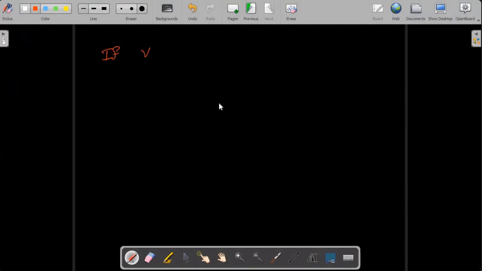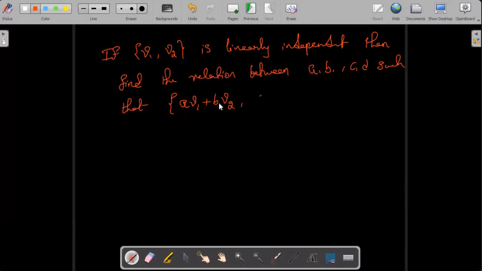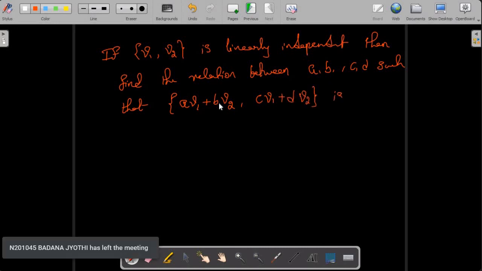Or a theorem: if V1, V2 is linearly independent, then find the relation between A, B, C, D such that the new set, that is A into V1 plus B into V2 and C into V1 plus D into V2, is linearly independent.